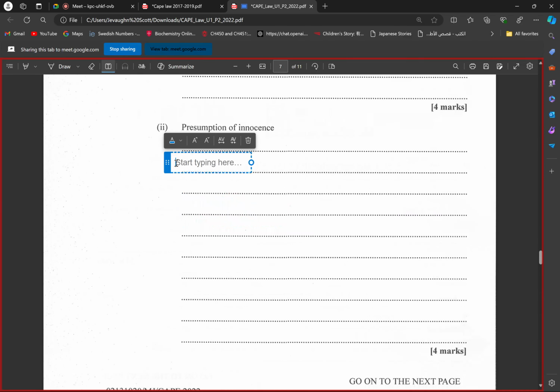Presumption of innocence. It leads to a fair legal process. Protects the right to a fair hearing.